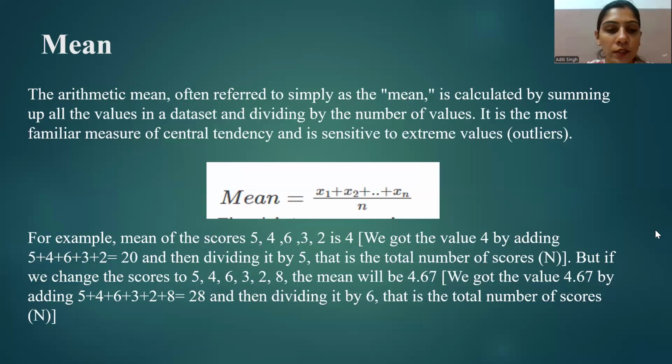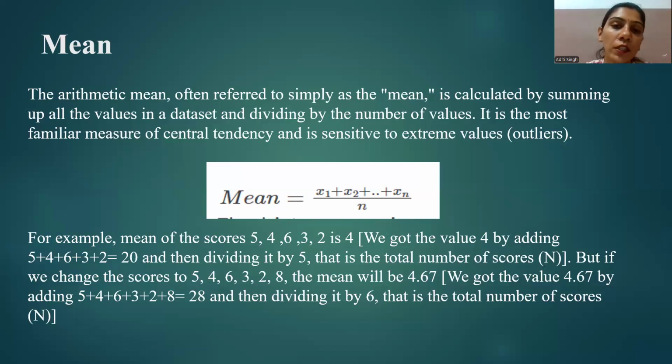So the total score is 20, and we have divided it by n, which is 5, so the answer is 4. We can say that mean is equal to 4.